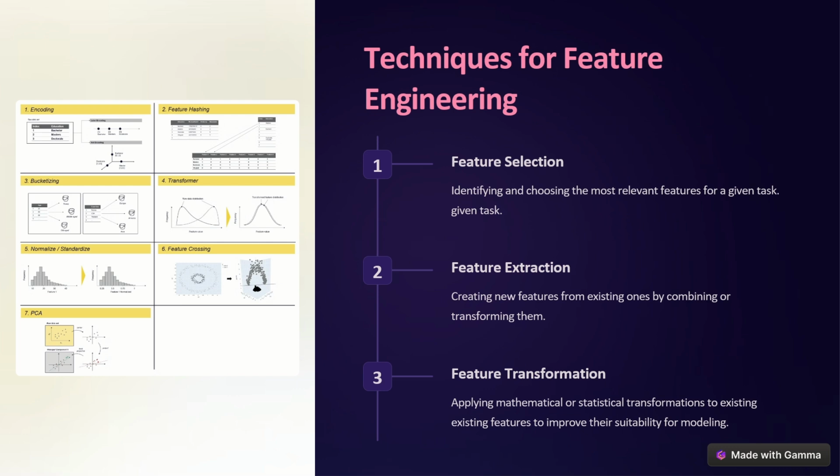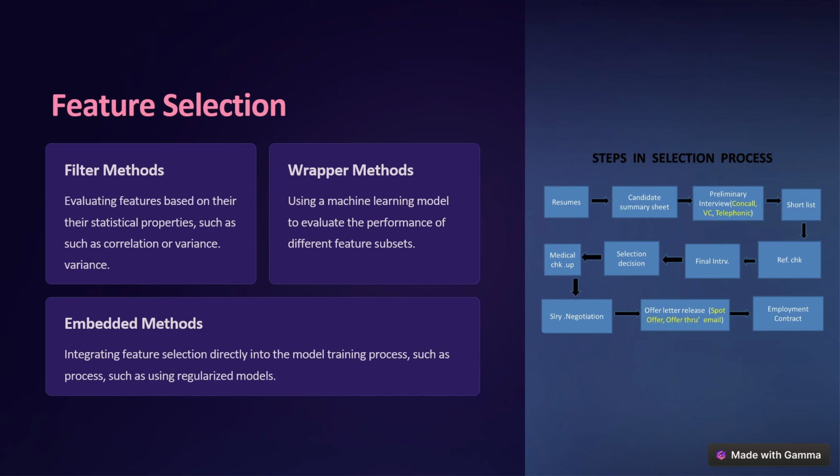So we will talk about feature selection. In feature selection we have three methods. First is filter method, second is wrapper method, and third is embedded method. The filter method evaluates features based on their statistical properties like correlation or variance. It is like scanning your fridge for ingredients that are still fresh.